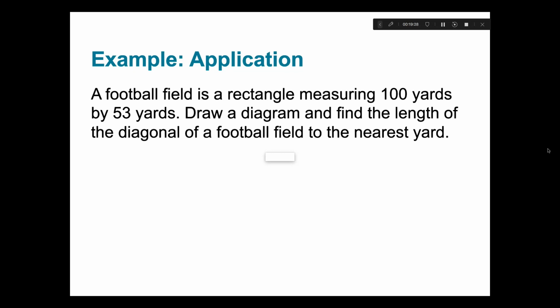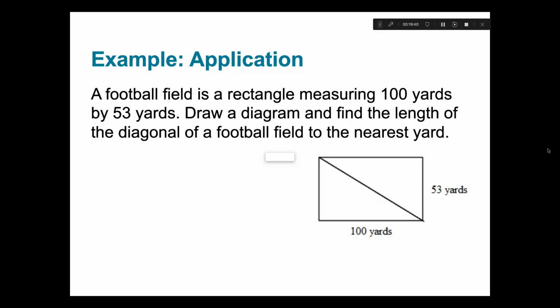So a football field. It's a rectangle measuring 100 yards by 53 yards. You have a picture of that on your paper. So we want to find the length of the diagonal across the football field. Is that a hypotenuse or a leg? It's the hypotenuse. So that is an a, a b, or a c. It is c. We are looking for c.